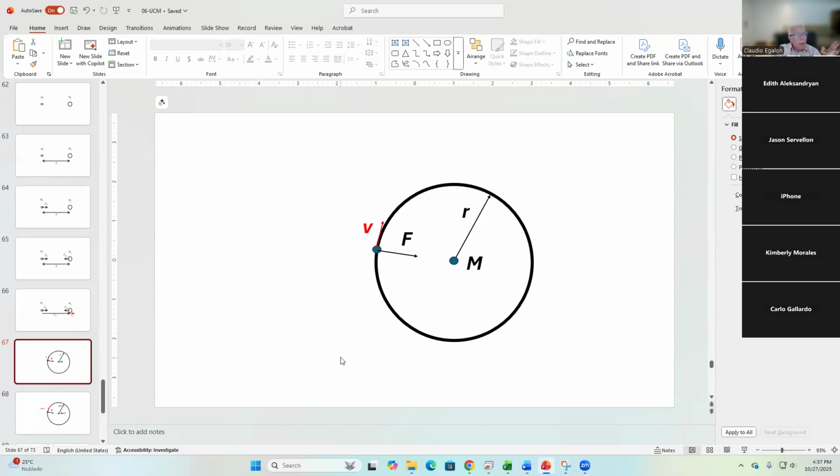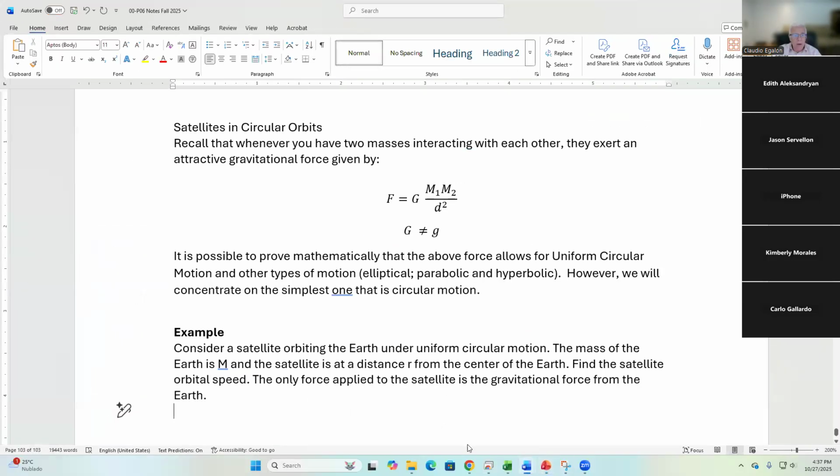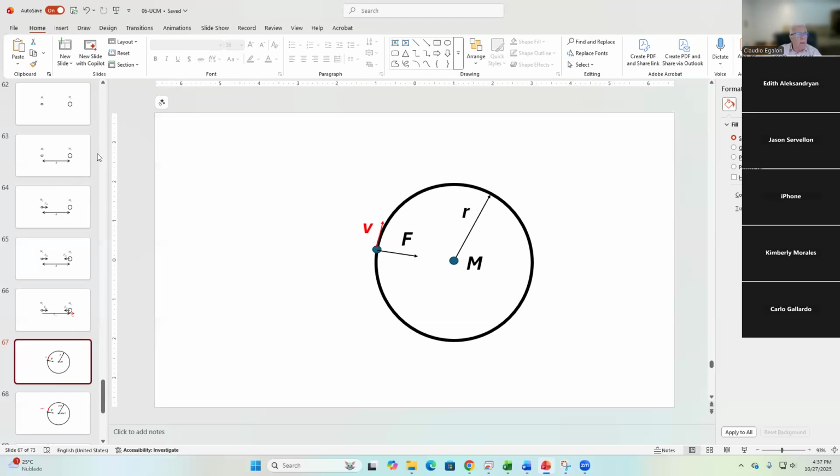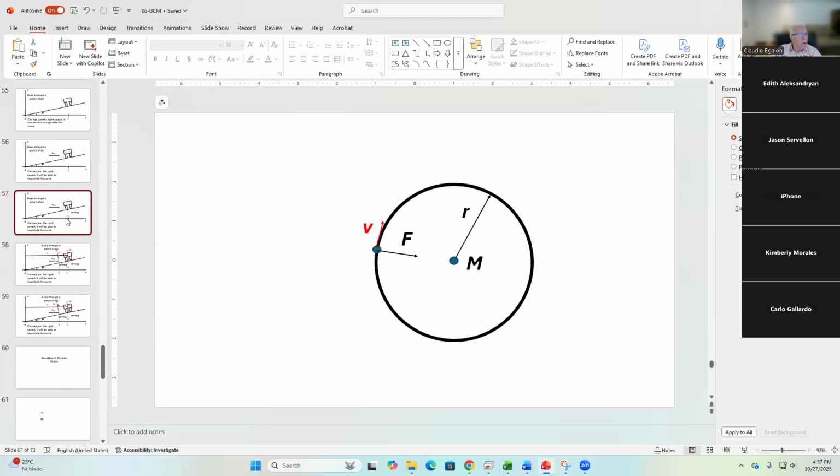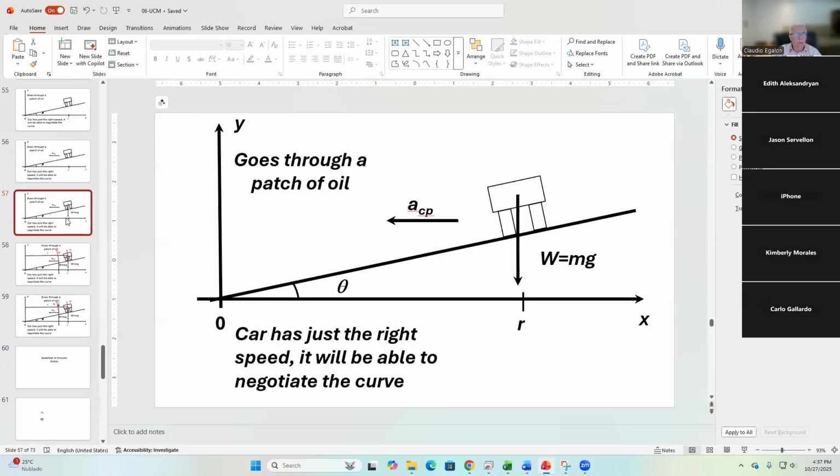And we didn't do this problem, but suppose that we didn't have an oil patch in that banked curve. Going back to this banked curve, suppose there is no oil patch on the road, then you'll be able to introduce a force of friction at the tire of the car.